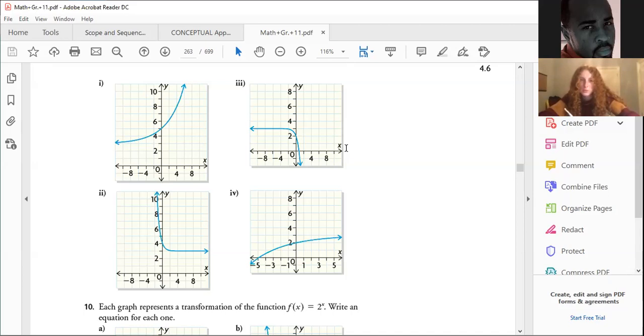I'm gonna plug 1 in. One will work because none of them have the same value of y for x equals 1. So go ahead.